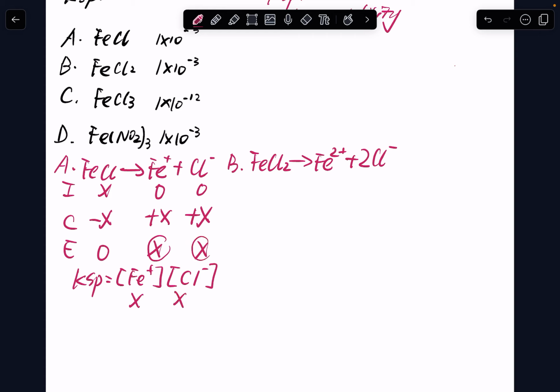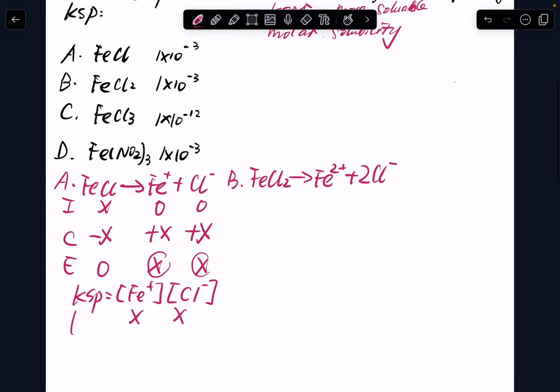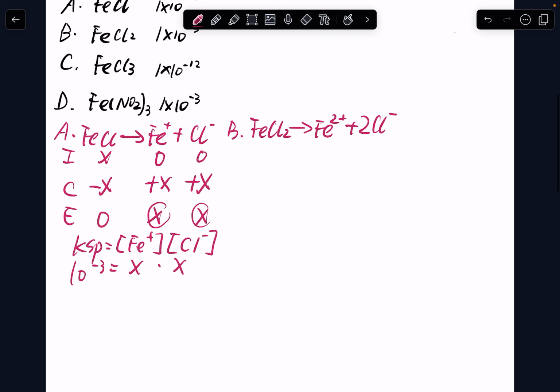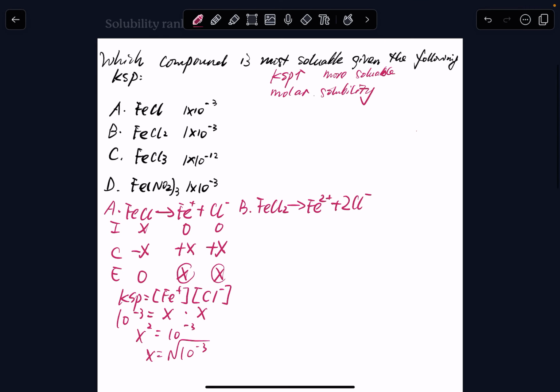For answer choice A, Ksp is 1 times 10 to the negative 3. So 10 to the negative 3 equals x times x, so x squared equals 10 to the negative 3, and x equals the square root of 10 to the negative 3. That's how you solve for this x.